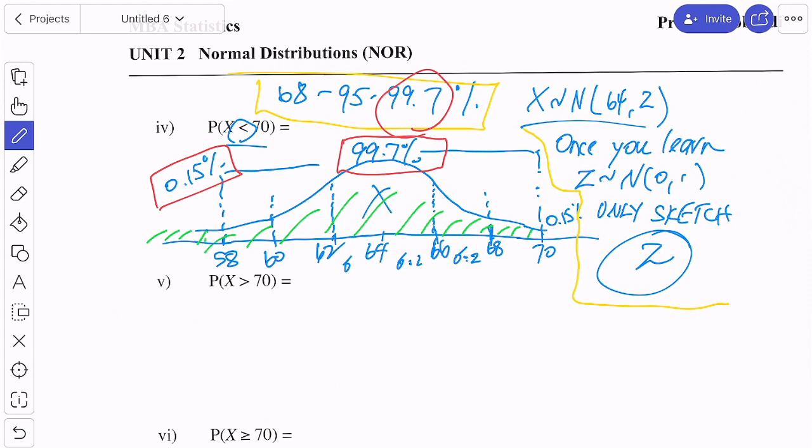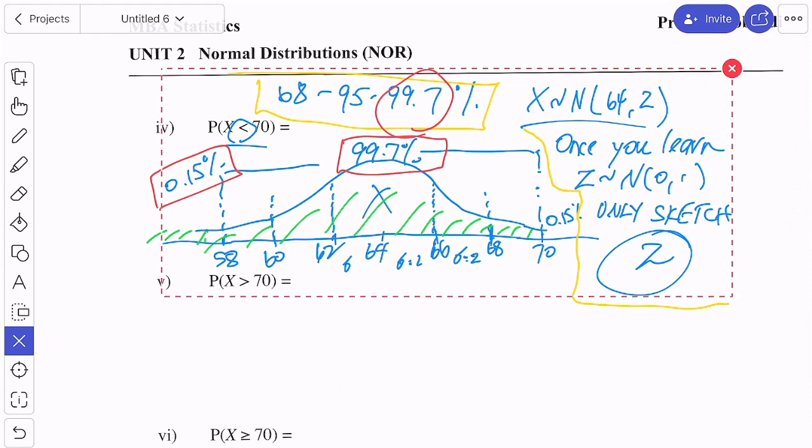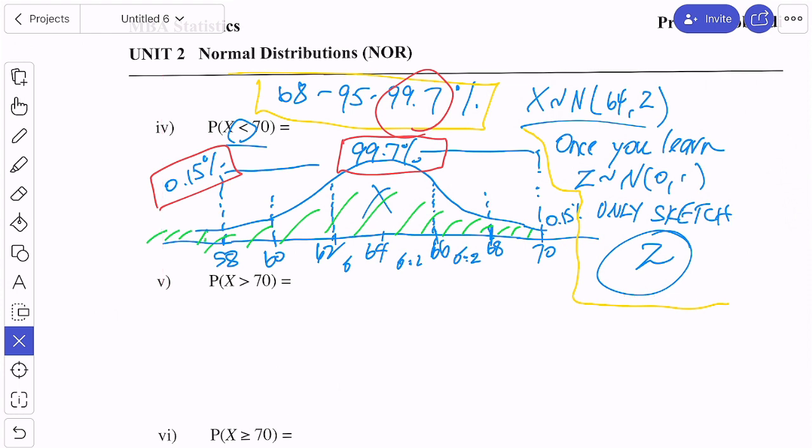So let me write that. I have to write it somewhere. I'm trying to think of where to write it. Okay, let me move this over if I can.